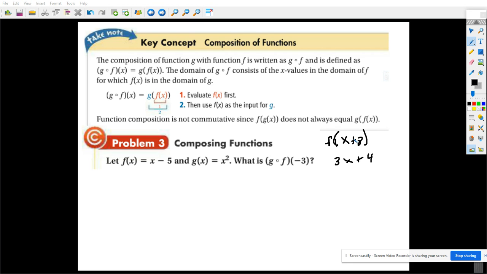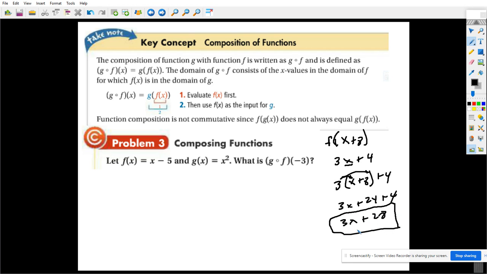Whatever's in these parentheses, we're plugging in for this x. So it would look like 3 times, what am I plugging in for x? It's telling me to plug in x plus 8, so I would go x plus 8, plus 4. Then I do the algebra to simplify this. I would distribute and combine like terms. So it would be 3x plus 24 plus 4, which would be 3x plus 28. So I actually get a second function when I compose two functions together.